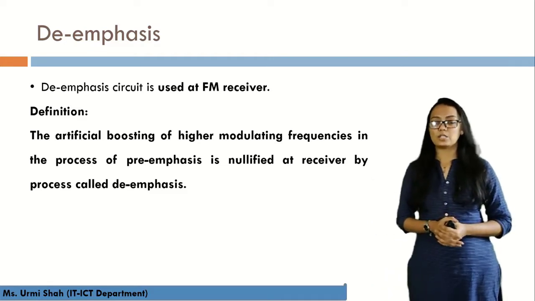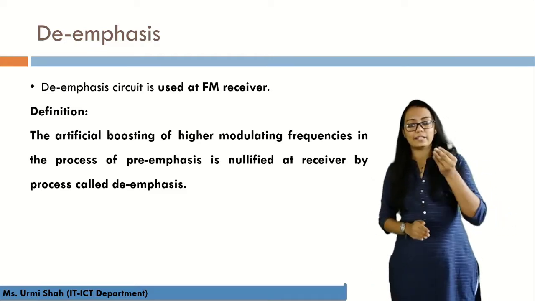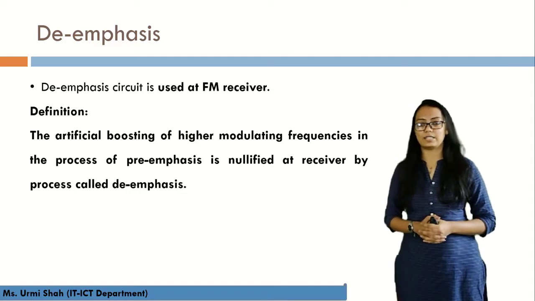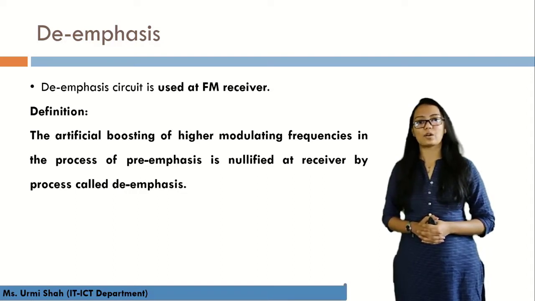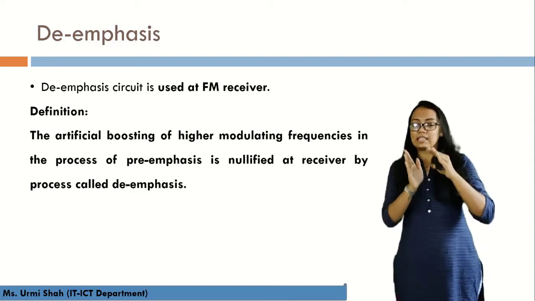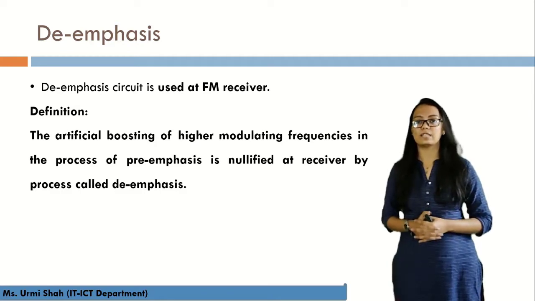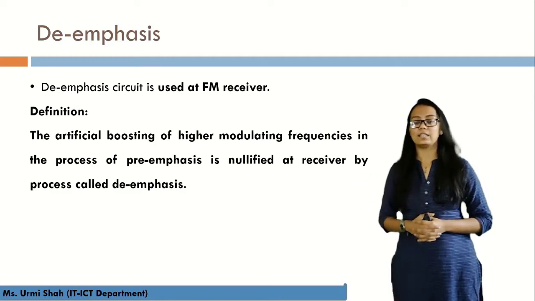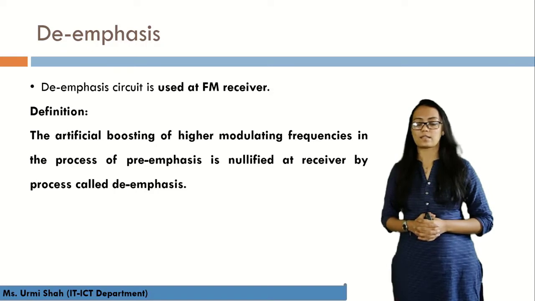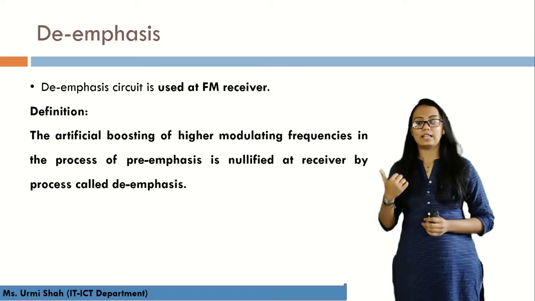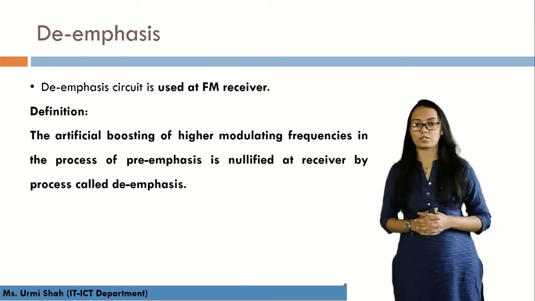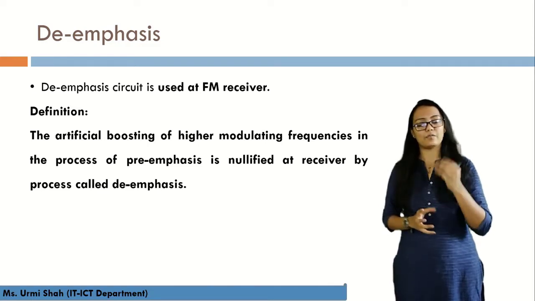The artificial boosting of higher modulating frequencies in the process of pre-emphasis is nullified at the receiver end by using the de-emphasis process. At the starting edge of the transmitter, we had done frequency up conversion. We had performed pre-emphasis.